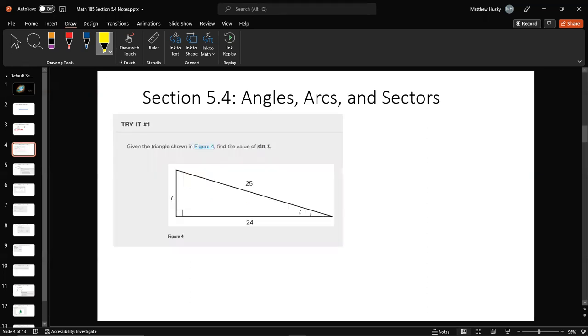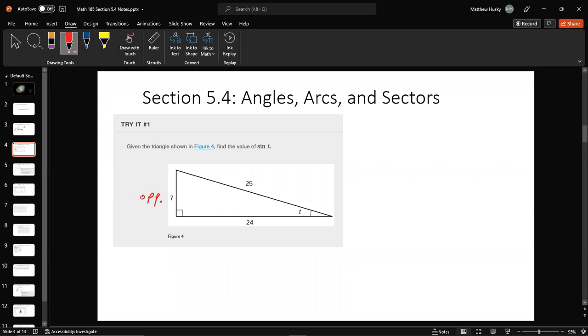So with that in mind, we can find various trig ratios based off of the definitions of the different trig functions. If we look at this triangle right here, here is angle T. The side opposite that is equal to 7 in this case.